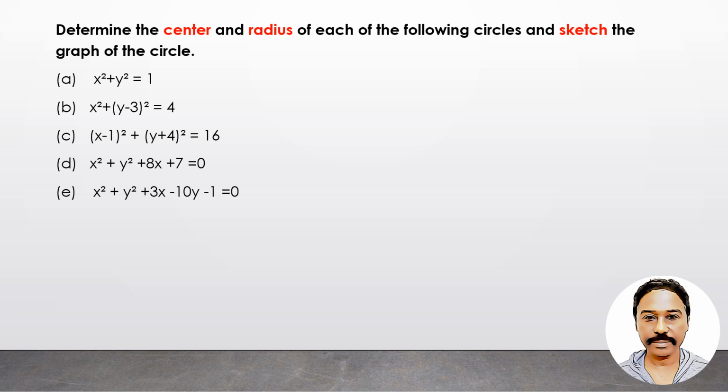Now we have this question which is asking us to determine the center and radius of each of the following circles and sketch the graph of the circle, each one of them. I'll leave the sketching for you, because if you know the center and the radius, it will be easy to sketch the circle. Just plot the center, for example x and y, 1 and 2, 0, 0, something like that.